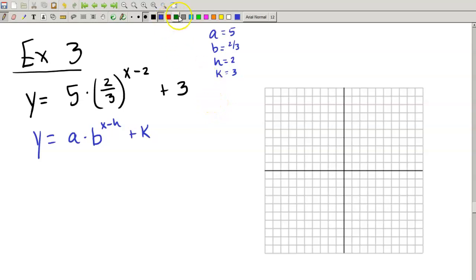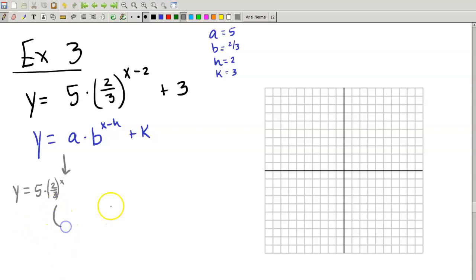So what we're going to do is graph just the y equals a times b to the x function, right? We're going to ignore the h and the k translations for now, and let's just think about what if we had 5 times 2/3 to the x. We're first going to graph that, and we're going to get 2 key points from that graph.